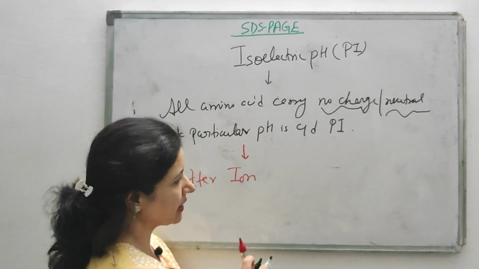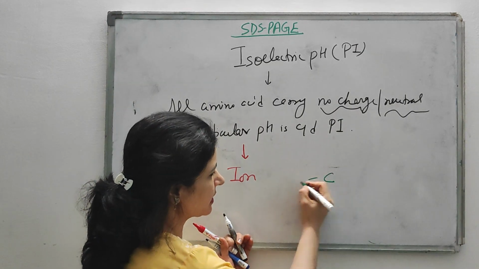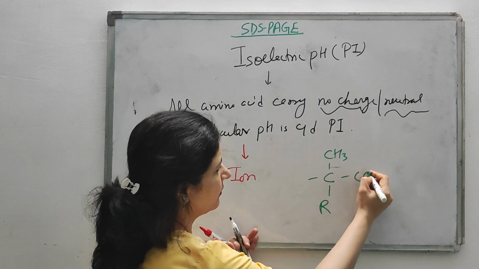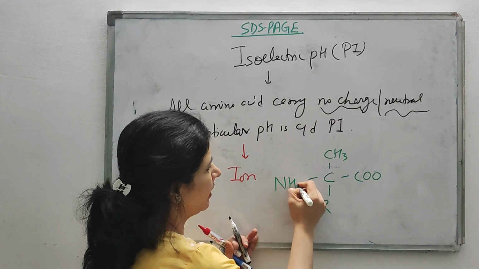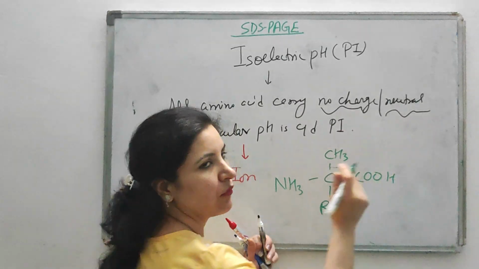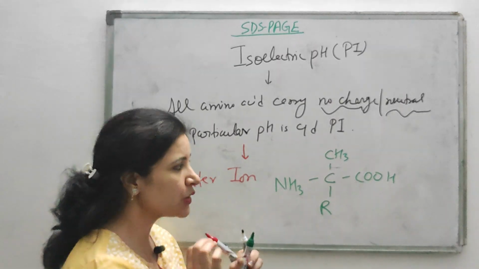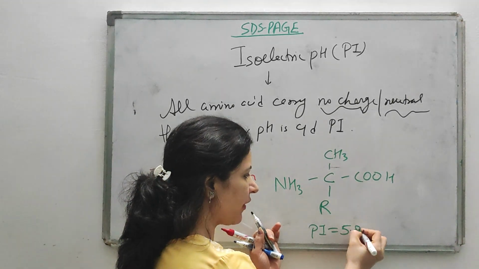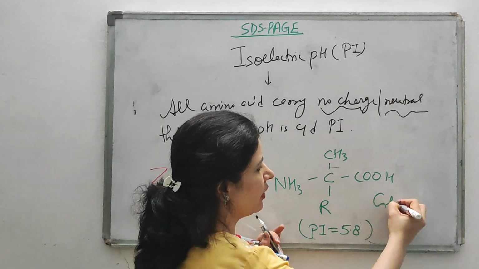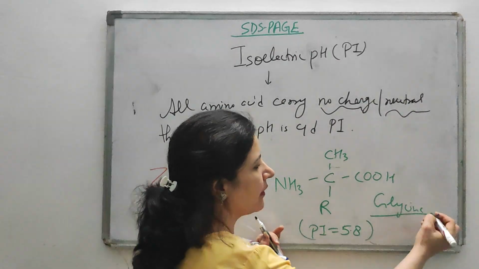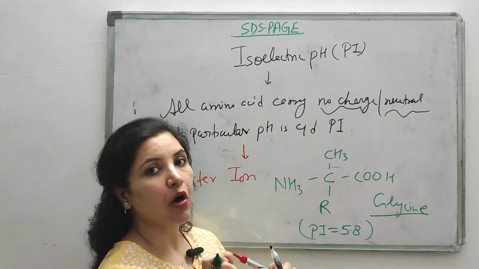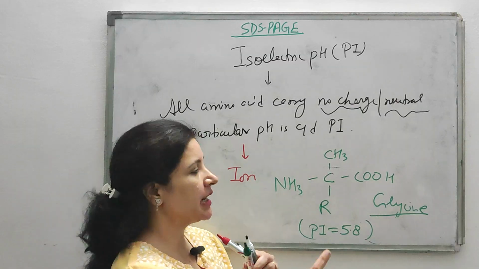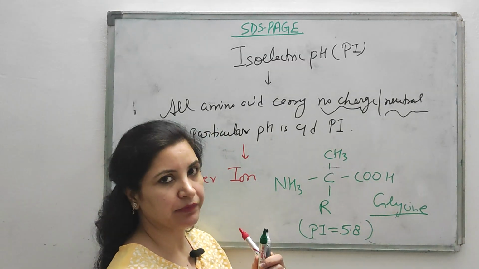Suppose for example glycine. This is the structure of your glycine. The PI value of glycine is 5.8, meaning at pH 5.8 this glycine carries no net charge.